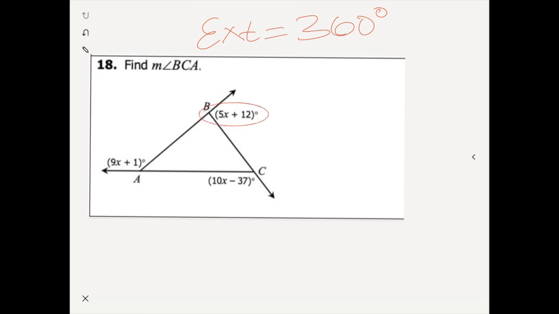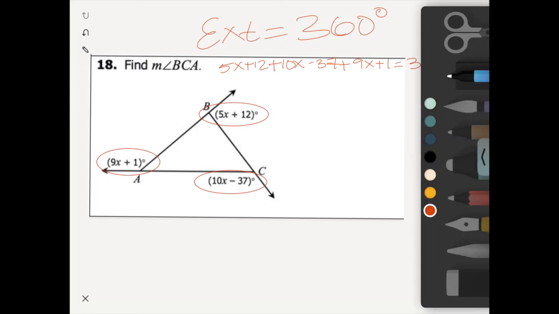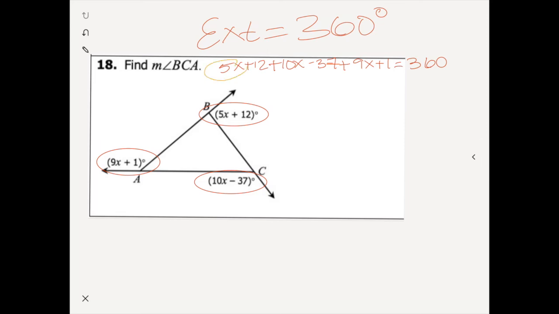So we're going to take all of these exterior angles and say 5x plus 12 plus 10x minus 37 plus 9x plus 1 is equal to 360. Now we can combine like terms, so we're going to put our x's together, 5x, 10x, and 9x. That's going to give us 24x.